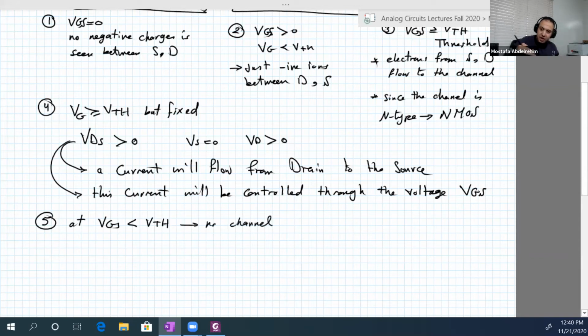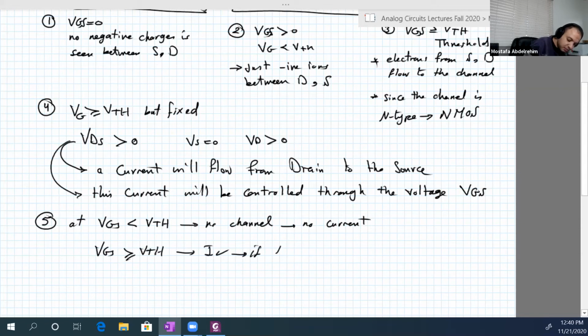So even if VDS is larger than 0, there will be no current, whatever the value of VDS. As long as VGS is larger than or equal to V threshold, there will be a current, if there is a voltage.